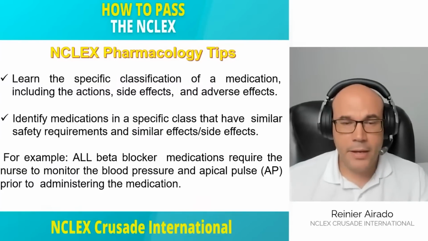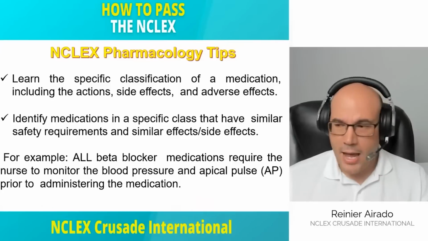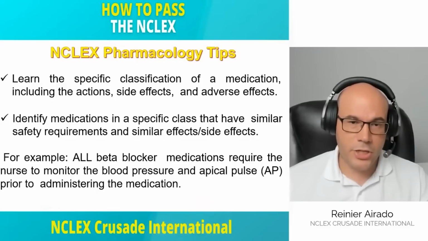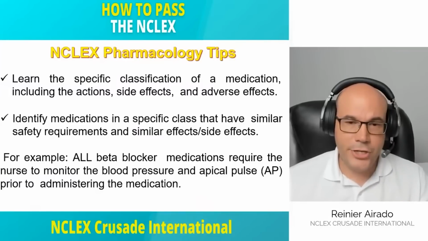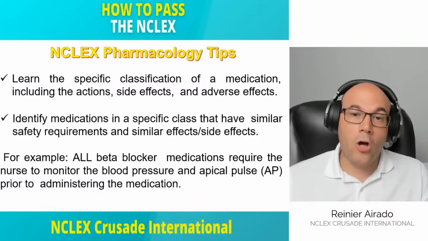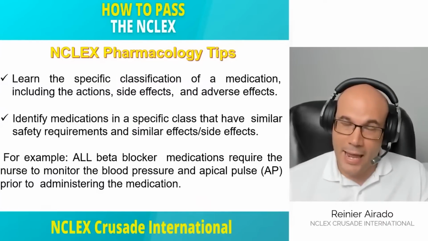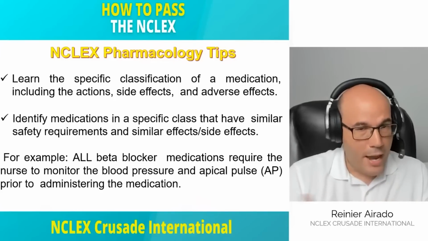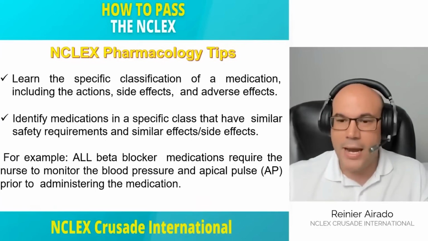But at the same time, if you're doing discharge teaching about when the patient is going to take a beta blocker medication at home, let's say metoprolol, we have to include in the teaching that the patient needs to check the blood pressure, but also check now the radial pulse, not the apical pulse, because as nurses we check the apical pulse, but we teach the patient to check the radial pulse.